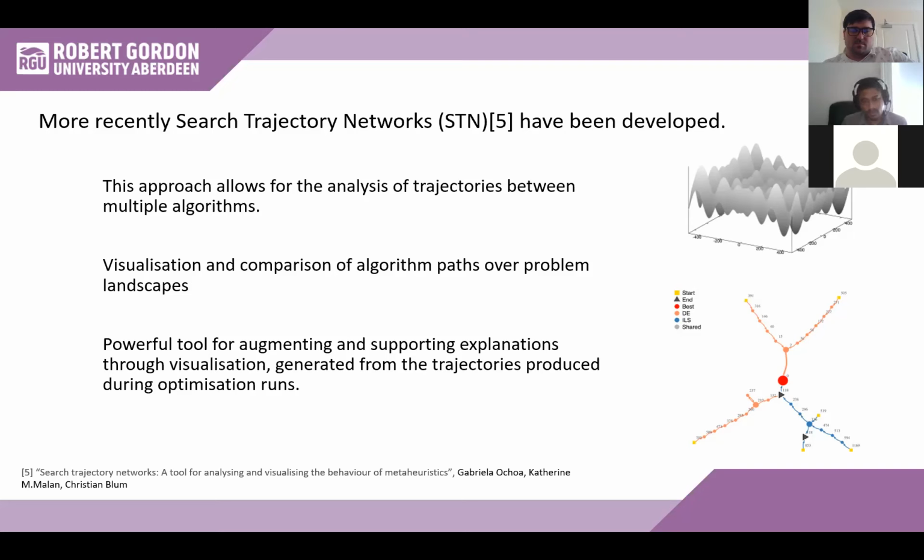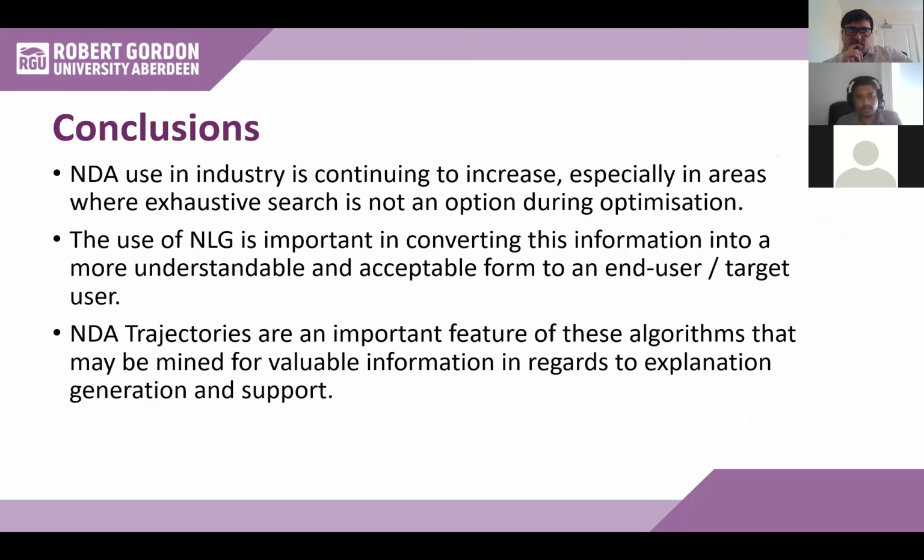And while it's not specifically within the form of an explanation, it certainly can help prop up an explanation by presenting to the end user a visual aid as to why the specific results that were given to them were arrived at, what path was taken, and potentially why a path wasn't taken. This can be taken from these search trajectory networks.